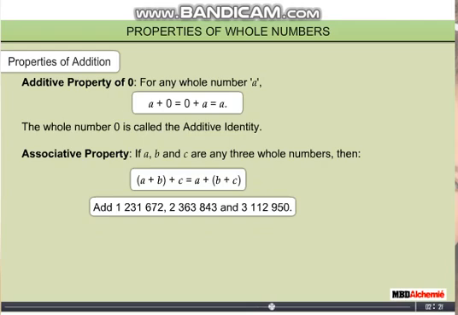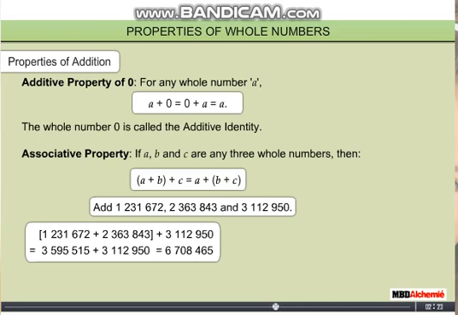To do so, we can first add 1,231,672 and 2,363,843, and then add 3,112,950.